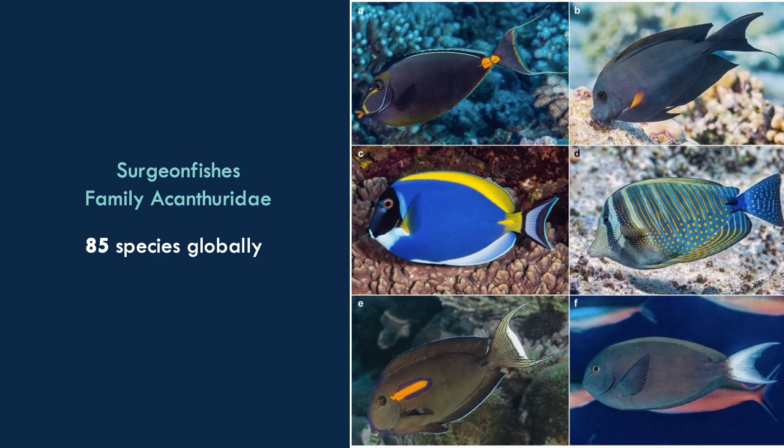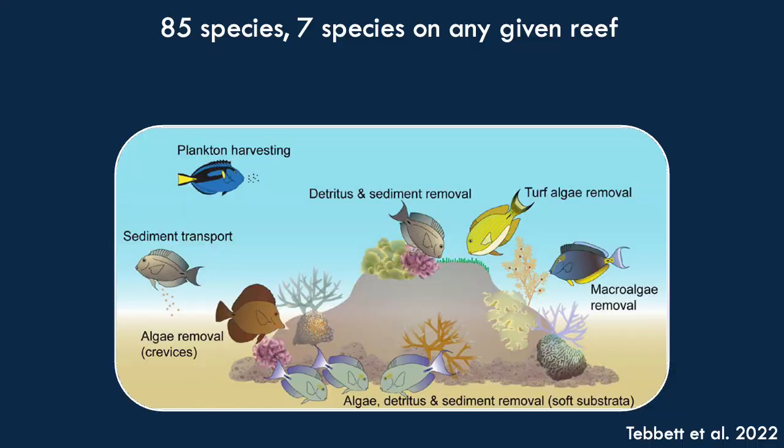So for example, if we take the surgeonfishes, or the family Acanthuridae, this is a family of coral reef fishes. Sometimes they're quite nice and beautiful, sometimes they're brown and ugly, but they're quite common, quite abundant on reefs globally, and there's about 85 species across the globe that swim around, and they fulfill different roles.